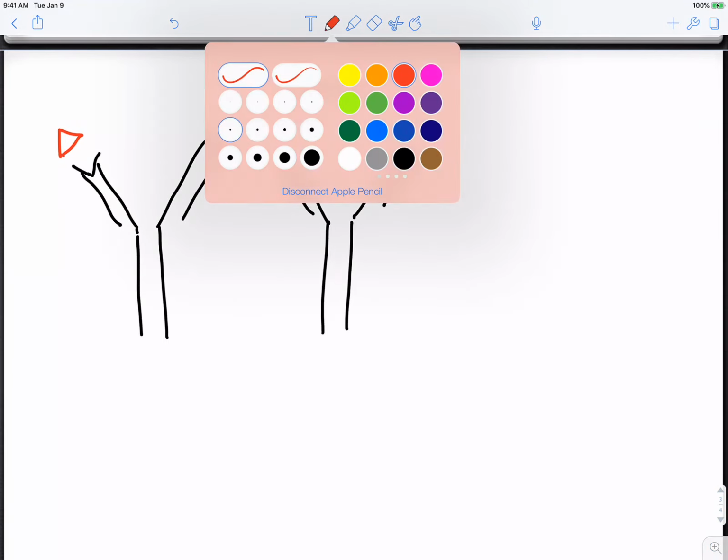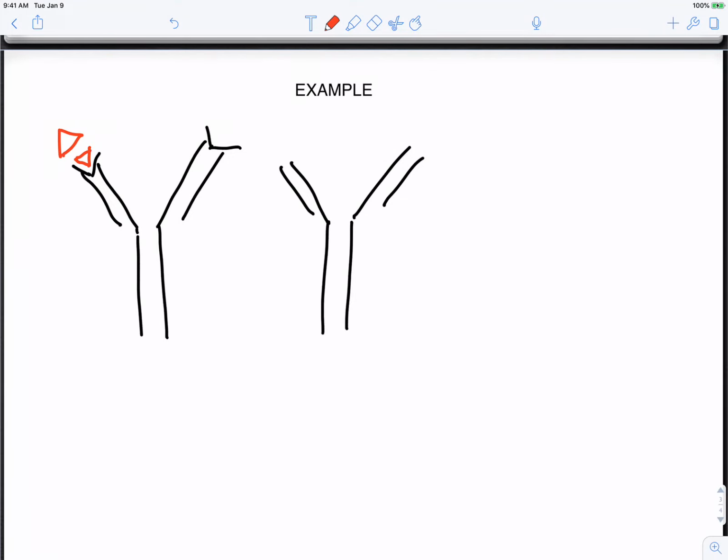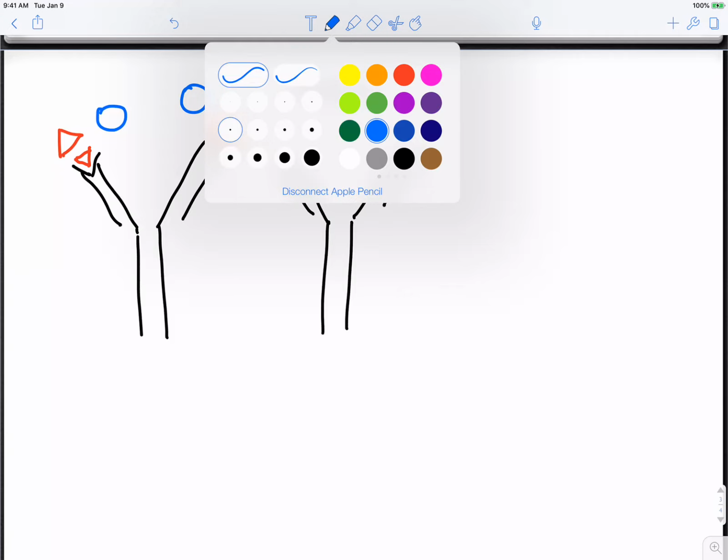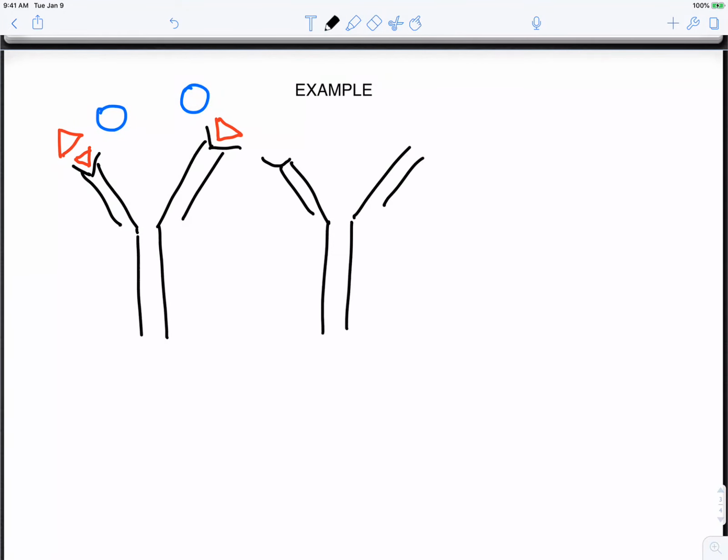And it'll allow that red triangle to fit inside of the pocket. That blue circle would not be able to fit inside of that triangle pocket of the antibody binding site. On the other hand, for antibodies binding to the circle, you'd have more of a circle-looking antibody. And so that circle-looking antibody would now be able to bind those circle antigens. And so this brings up specificity. So every antibody can only bind to a single antigen.